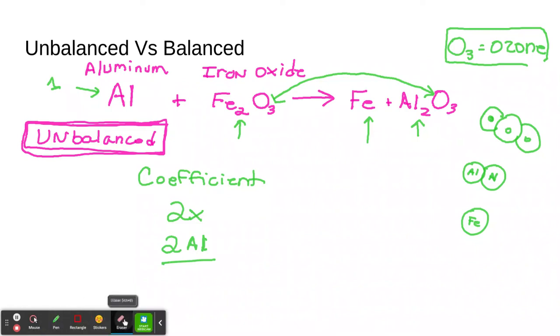Let's make it easier. Let's clear it out, I'll write it over, so it's clearer for you. So I'm going to take aluminum, aluminium, whatever you want to call it. We're going to take the iron, which has 2, and the oxygen, which has 3.